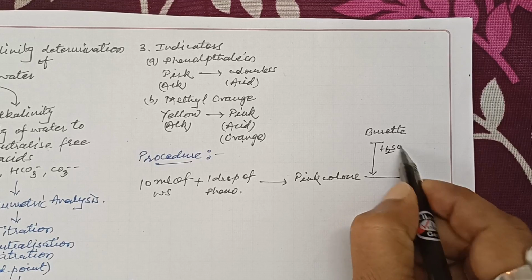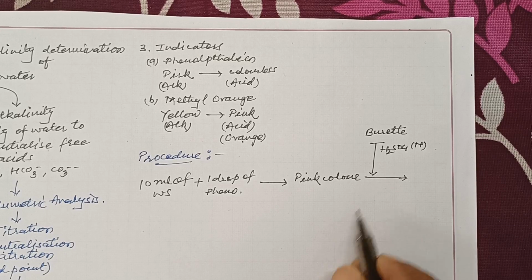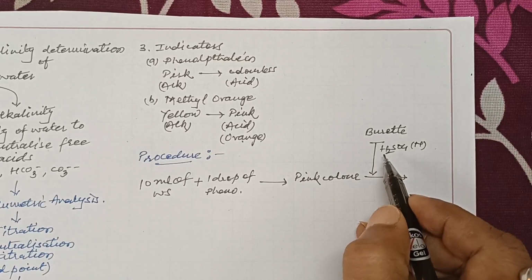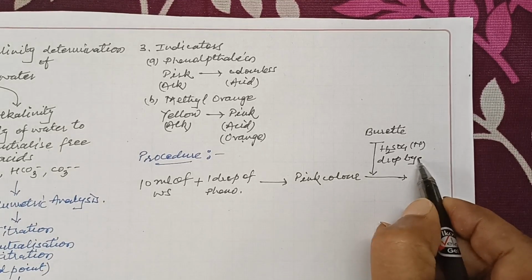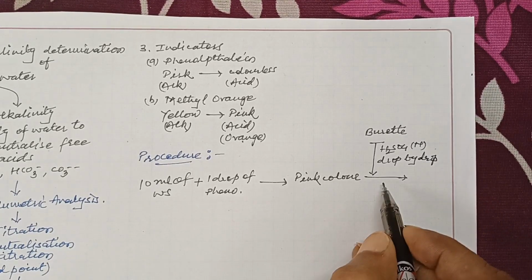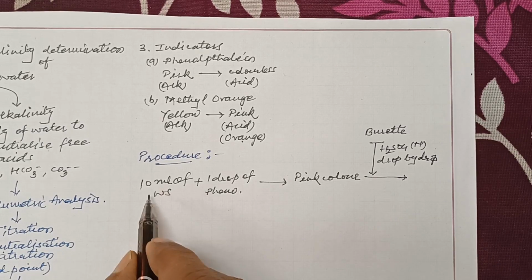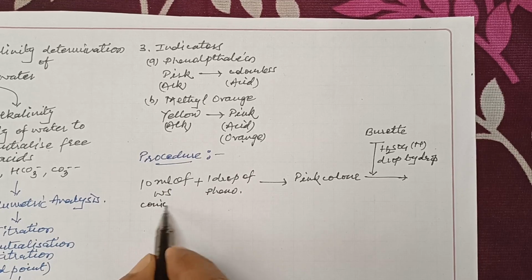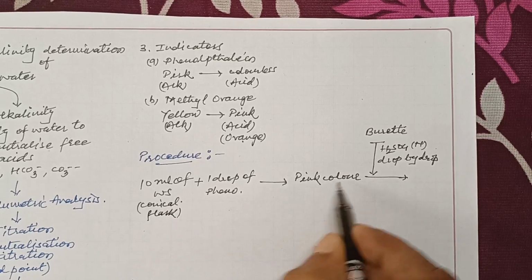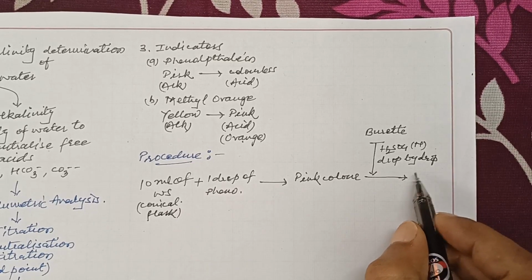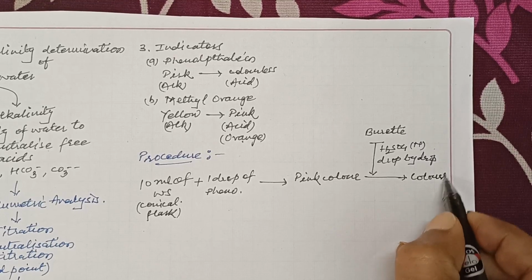Suppose sulfuric acid solution is filled, whose normality N is known to us. When we add sulfuric acid solution drop by drop to this 10 ml water sample taken in the conical flask, the pink color finally disappears and the colorless condition comes.